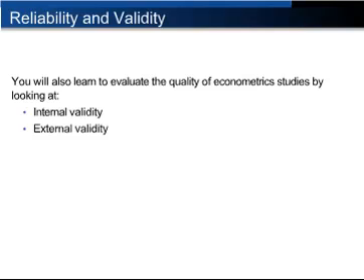In other words, to what extent does the research design permit us to say that the independent variable A causes a change in the dependent variable B? External validity is the extent of generalizability of the results of a causal study to other field settings.